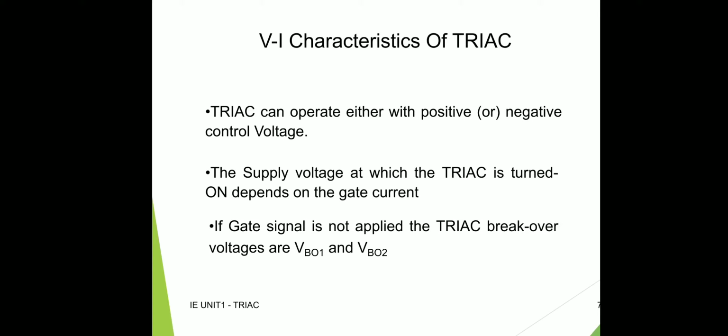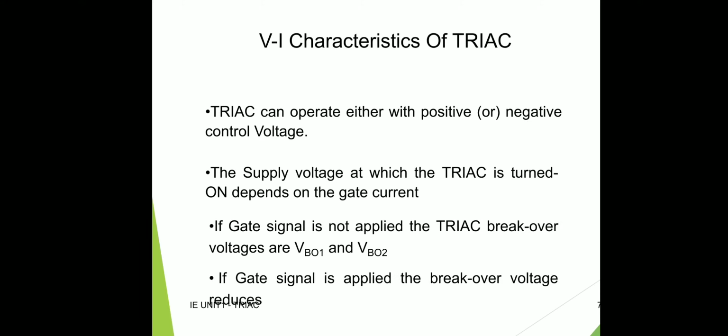If the gate signal is not applied, the triac breakover voltages are VBO1 and VBO2. This we can see in the characteristics. If a gate signal is applied, the breakover voltage reduces. See, what does it mean?